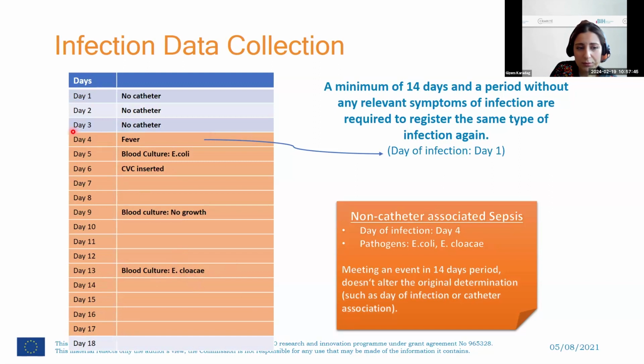But as it happened within this 14 days period, you don't count it as a separate sepsis, but you count this as one sepsis, and you enter these two bacteria in the same event. So meeting an event in the 14 days period doesn't change the original determination of the infection.